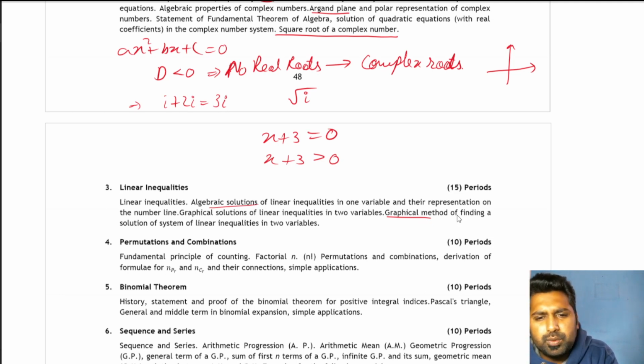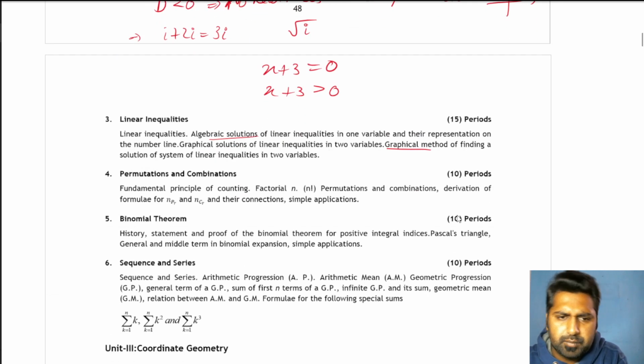Then we'll talk about a new kind of chapter that has a slightly new idea, that is permutation and combination. If you have already studied, you have the idea, but this is something slightly different. PNC, permutation and combination, basically deals with arrangement and combination of things. Like there are 5 balls, 5 different color balls, how many ways can you arrange them?